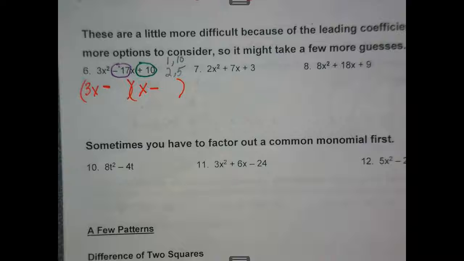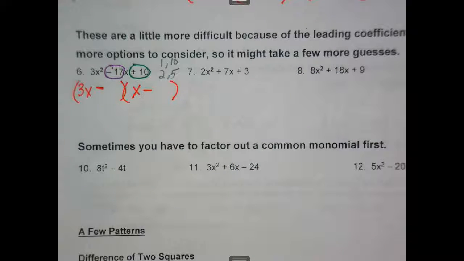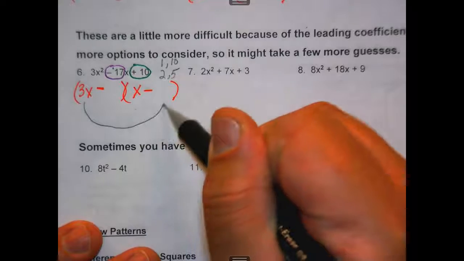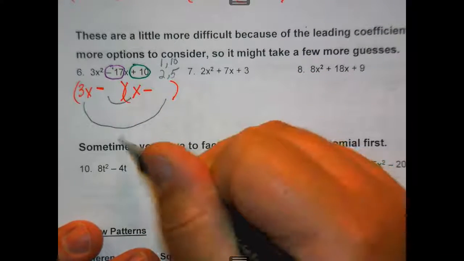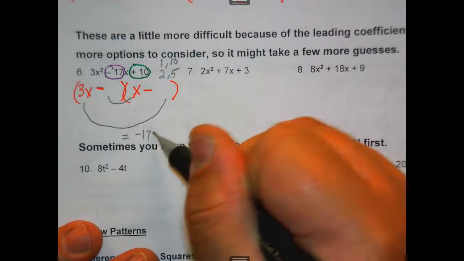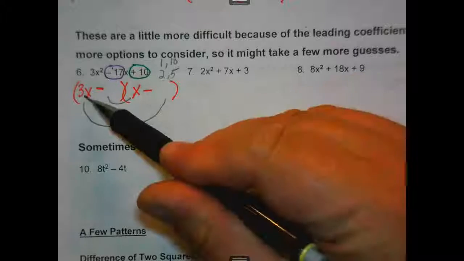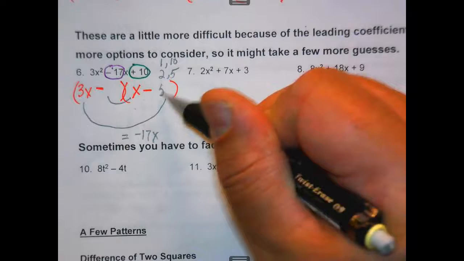However, one of these factors is going to have to be multiplied by 3. Know what I'm saying? Because the outside plus the inside are going to have to equal negative 17x, right? Yeah, 5 times 3 gets pretty close. Let's try that. Let's put the 5 here.